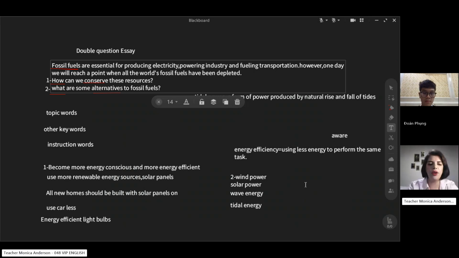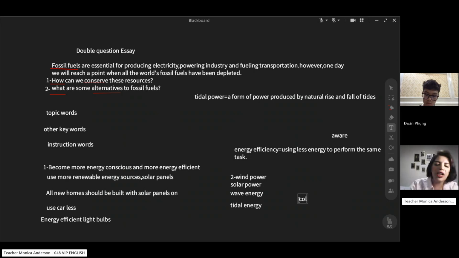Let me write it on the board. Because we discussed collocations. Collocation means a combination of words that we normally expect to have together.